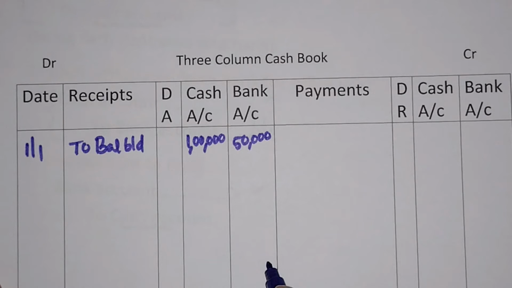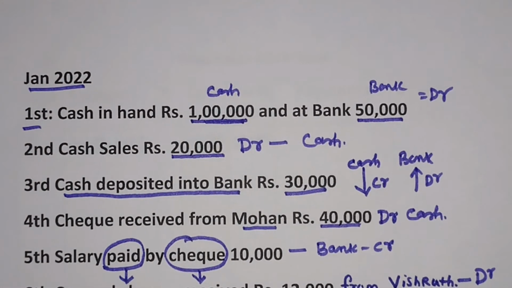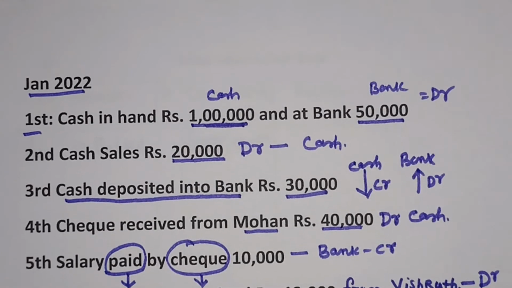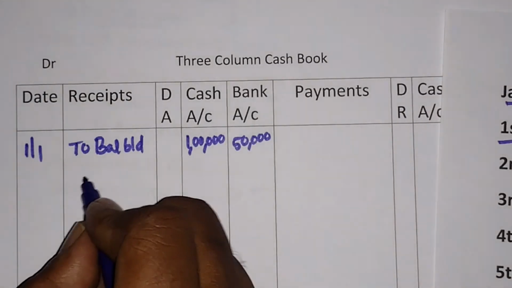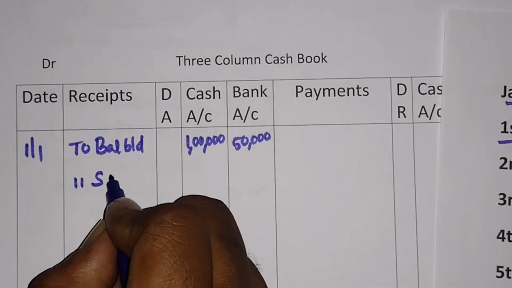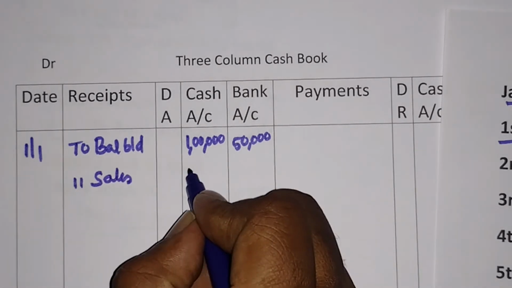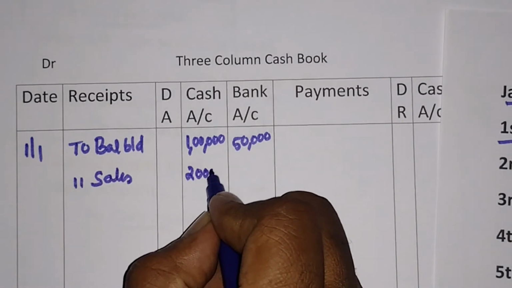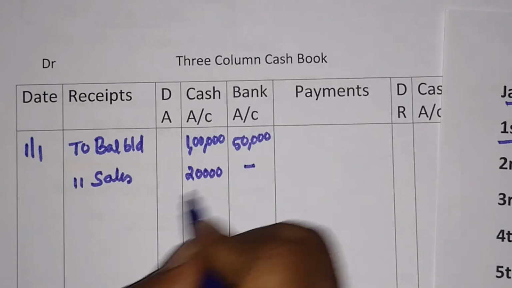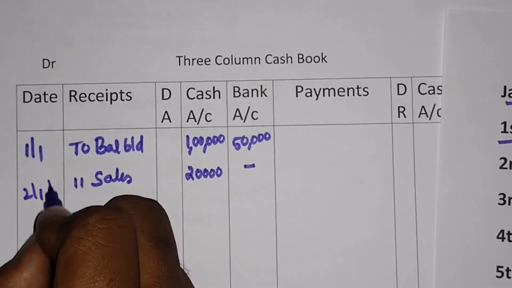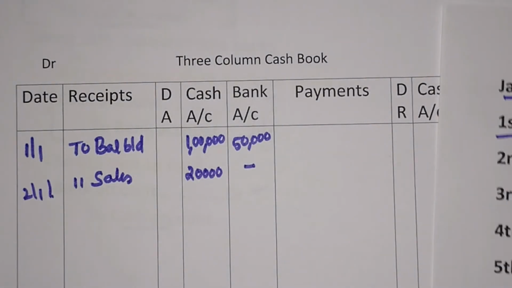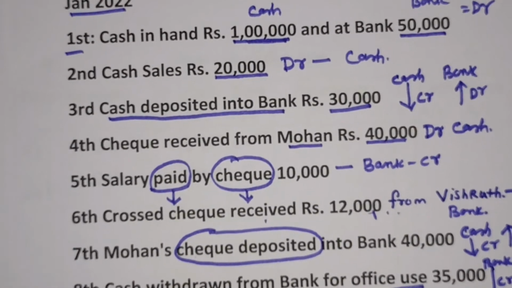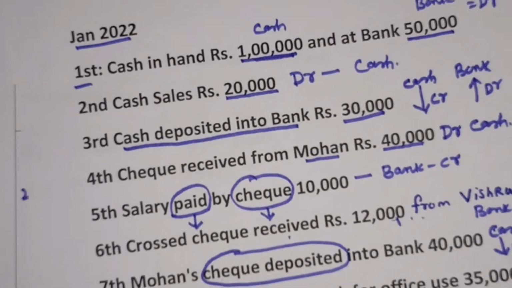Of course, the second one is the cash sales. Cash sales rupees 20,000. So I should write here, it is to sales. In office column it is 20,000 on 2nd January.